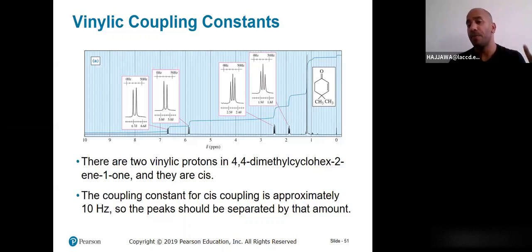Let's talk about intensity. So we have 6 hydrogens sharing this peak. We have 2 and 2, and we have 1 and 1. So that's how we will basically figure out the integration or the intensity: how many hydrogens are sharing those peaks?